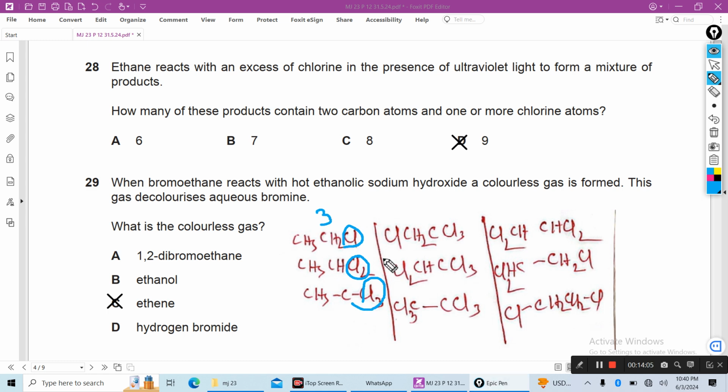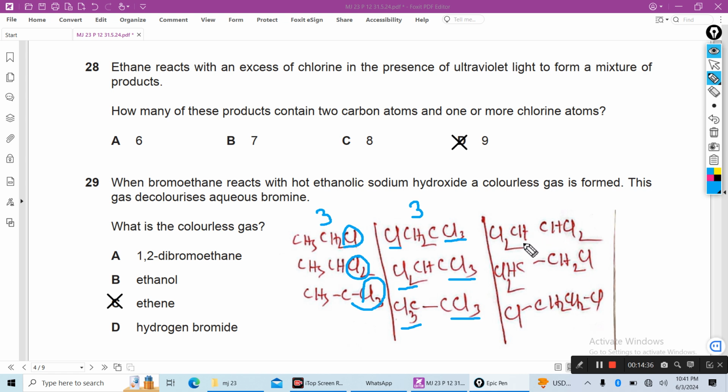Then second, 4 hydrogen replaced by 4 chlorine atoms, and 5 hydrogen replaced by 5 chlorine atoms. 6 hydrogen replaced by 6 chlorine atoms. 3 plus 3, 6 compounds.